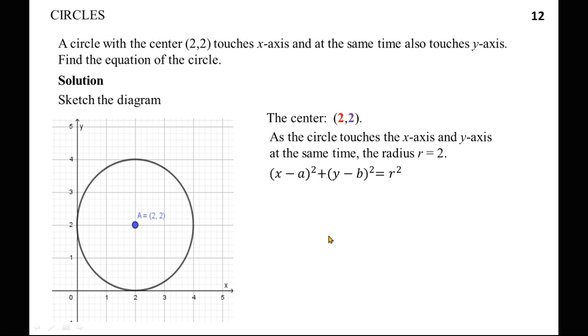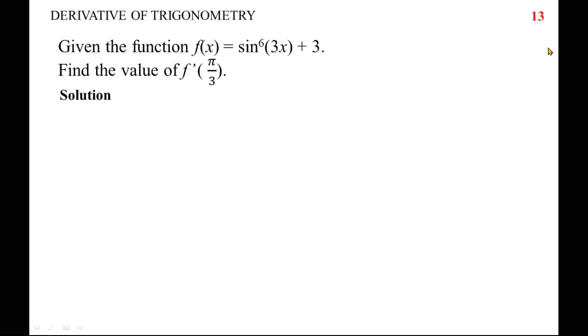So we can write like this: (x minus 2) squared plus (y minus 2) squared equals 2 squared. Simplify to be like this: (x minus 2) all squared plus (y minus 2) all squared equals 4.